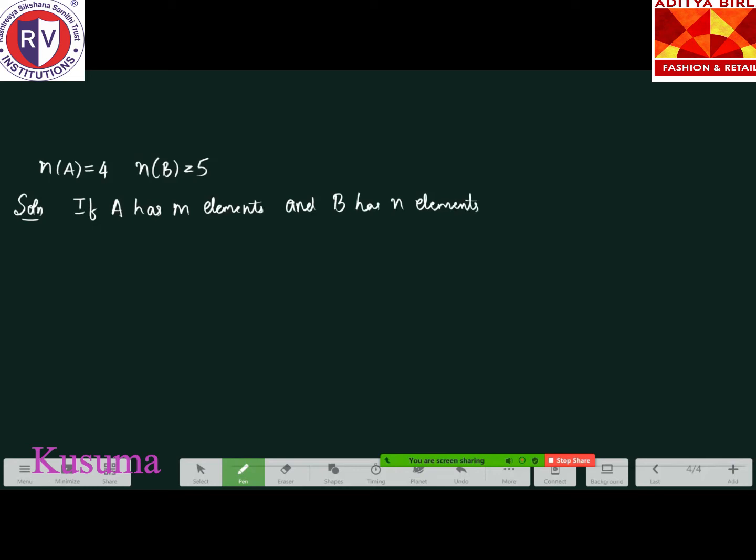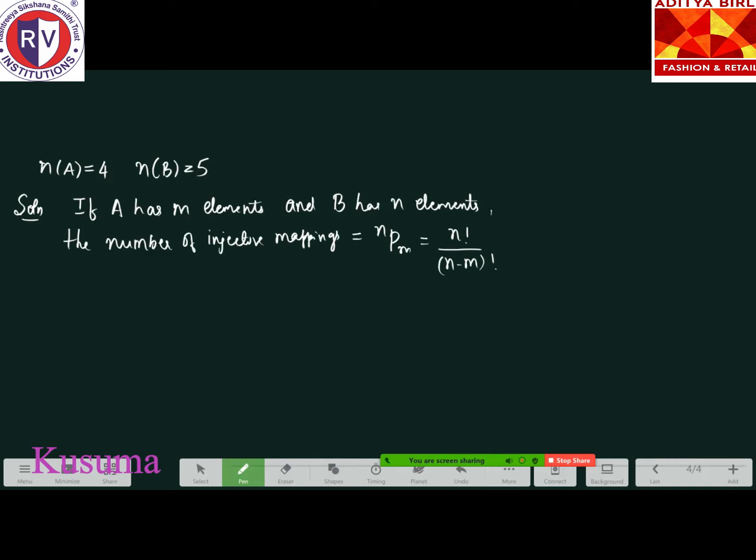Then the number of injective mappings from A to B is given by NPM, which is nothing but n factorial divided by n minus m factorial.